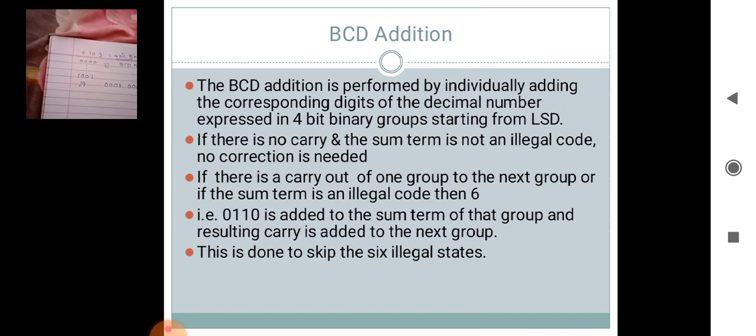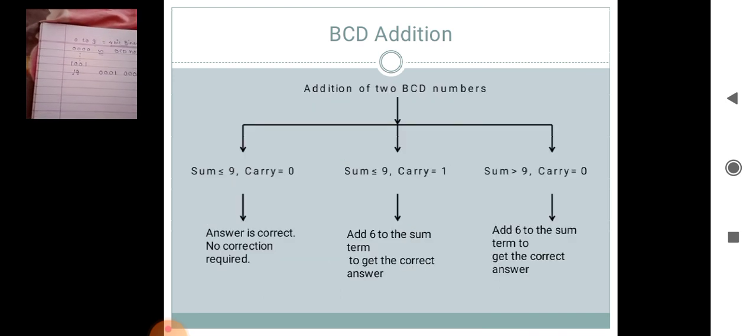If the sum is greater than 9, then it is an invalid BCD number and we add 6 to the sum. While adding, if a carry is generated even though the sum is less than 9, that is also an invalid BCD number. Only if no carry is generated and the sum is less than 9 is it a valid BCD number. The cases are also given in this chart.